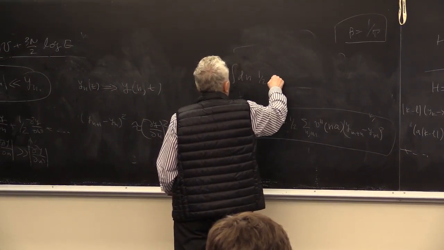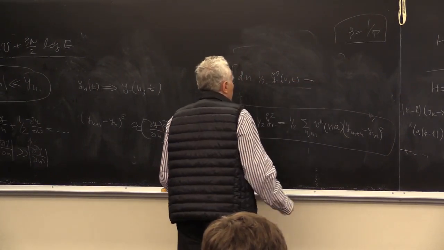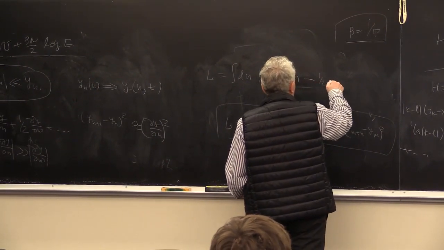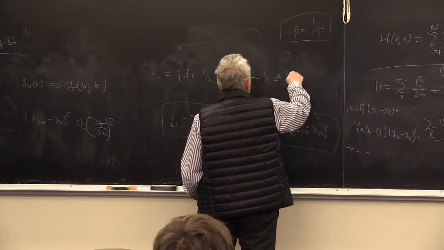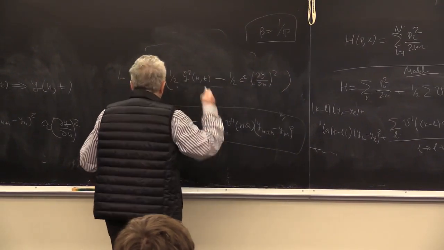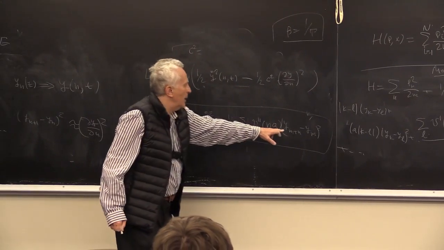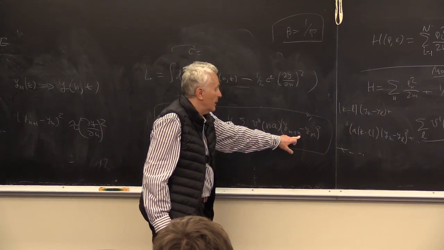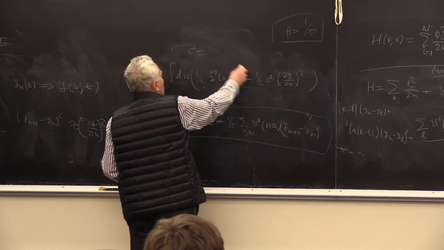It will be 1/2 y dot squared of n and t minus, here we have something interesting, c squared (dy/dn) squared, where c squared, what I'm doing here is simply expanding this thing in terms of the derivative. So maybe you will tell c will turn out to be the speed of sound.